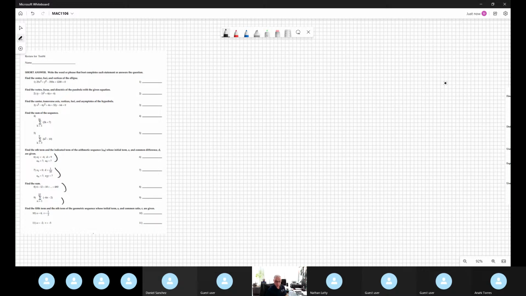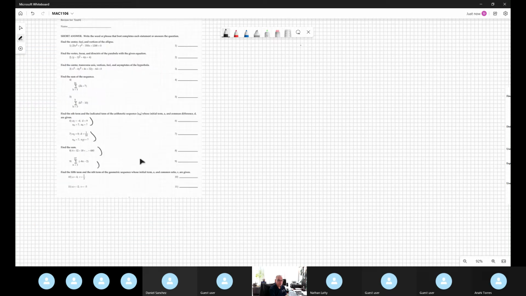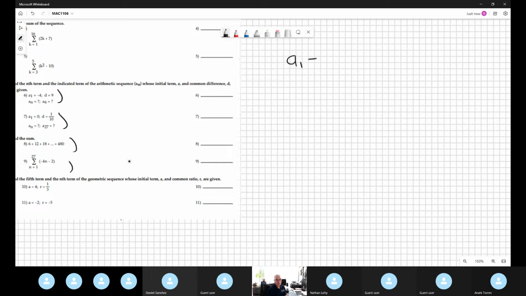Okay, number 10 now. Number 10 is about geometric sequence, que es different. What is given? It's given A1 is 4, and the common ratio is 1/3.